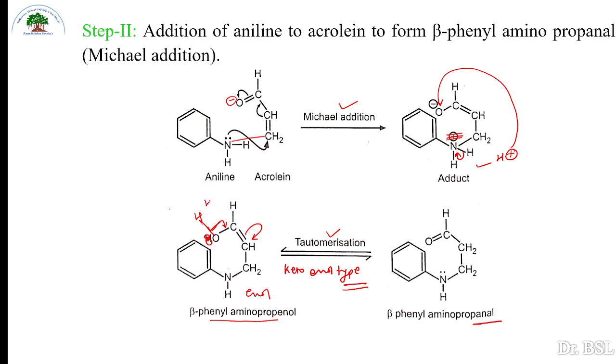And this H plus which has been removed attaches with C minus and we will get CH2. So conversion of OH to C double bond O and CH to CH2 is tautomerization, a keto enol type of tautomerization. So the enol form converts into beta phenyl aminopropanal.